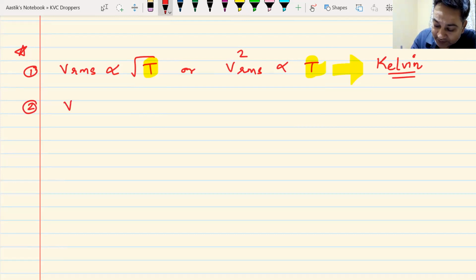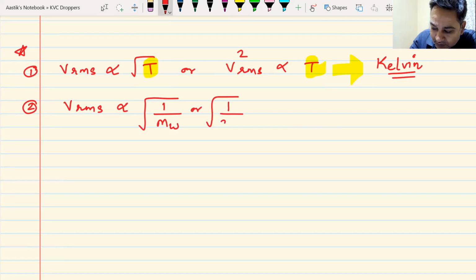Second thing that you must remember: VRMS is inversely proportional to root over 1 by molecular weight, or you can also write root over 1 by mass of one molecule. It is inversely proportional. So if you have a gas whose molecular weight is more, the RMS velocity is going to be less.